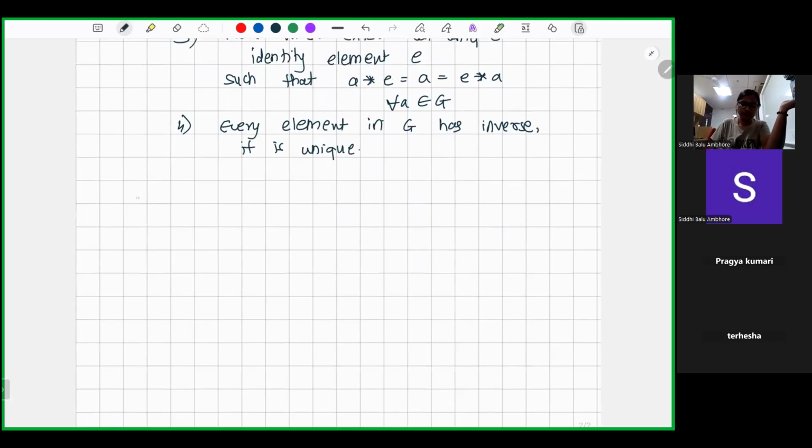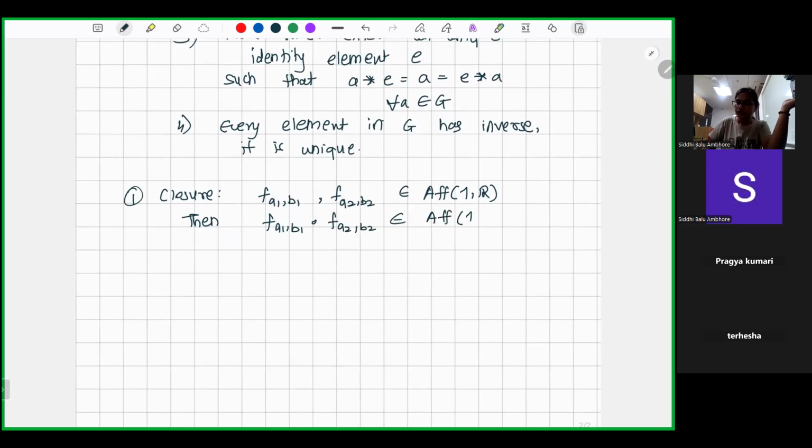Okay, so the first property, the closure property: we have to check that if f_{a1,b1} and f_{a2,b2} belong to this affine group of R, then under composition, my operation, f_{a1,b1} composed with f_{a2,b2} belongs to this affine group of R.